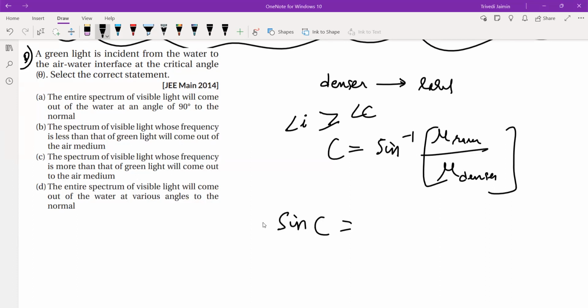Sine C equals 1 by n of water. So n of water to solve this, it should be A plus B by lambda square.